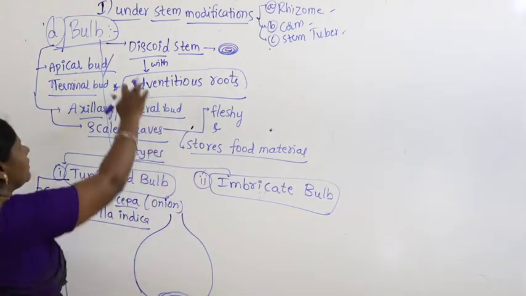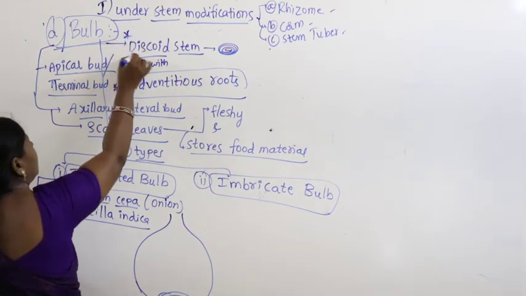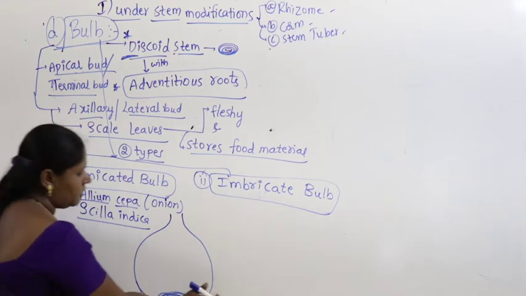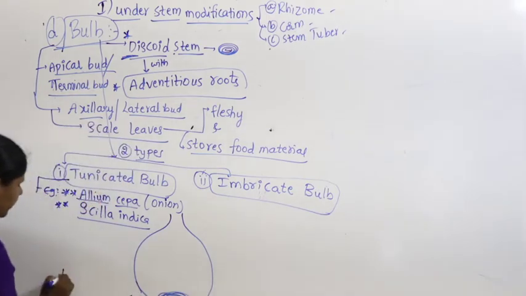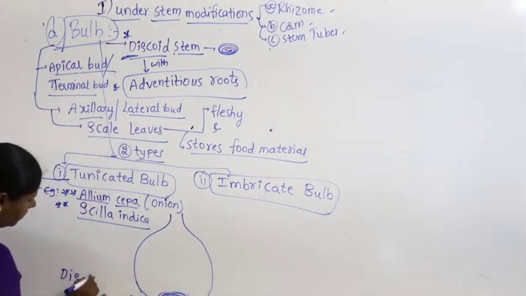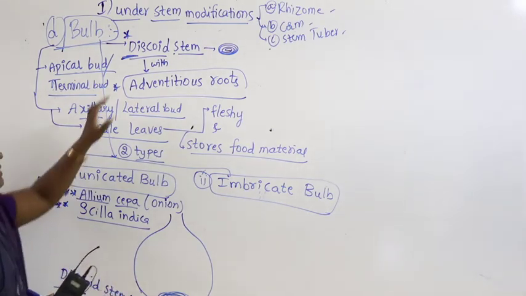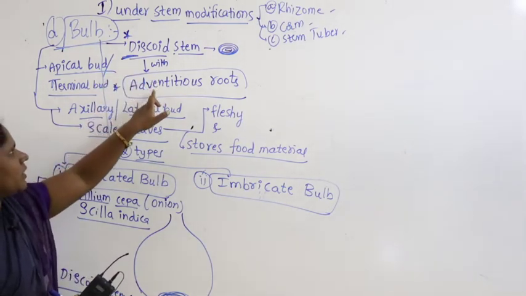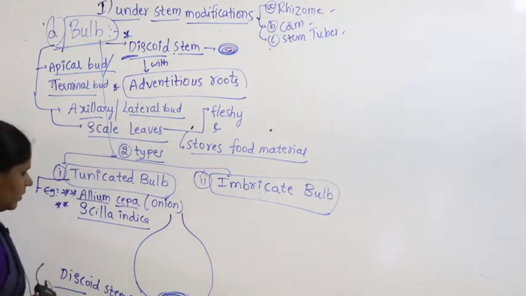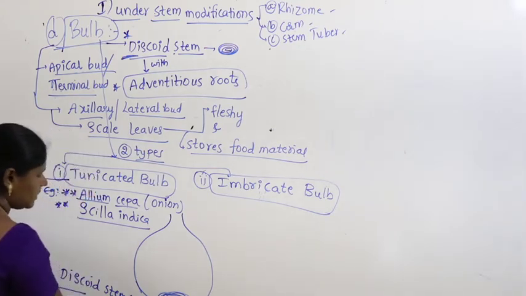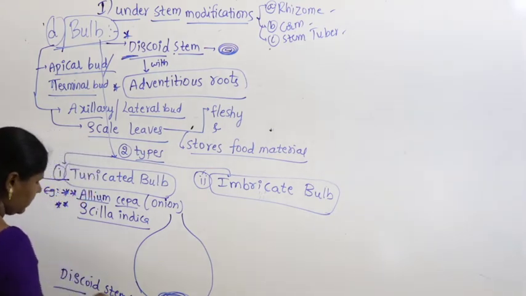The first point is that it contains a discoid stem. Let us discuss point-wise: discoid stem with adventitious roots. So you can see adventitious roots here.